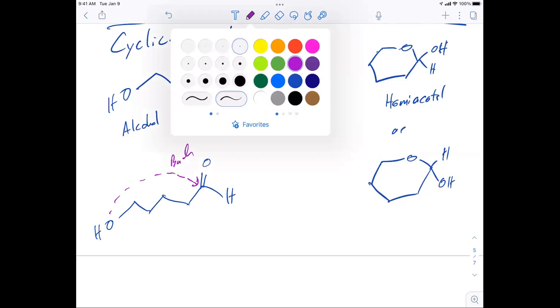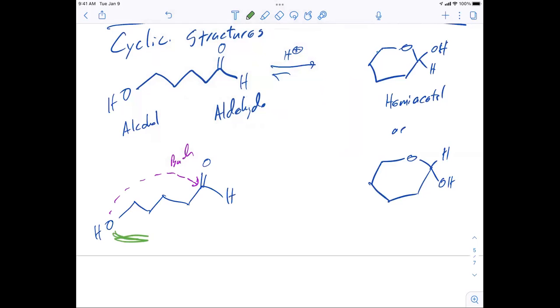Or the OH could have come right from the front. And then that will give me whether that hemiacetal, the stereocenter around that hemiacetal, is going to be facing up or down.